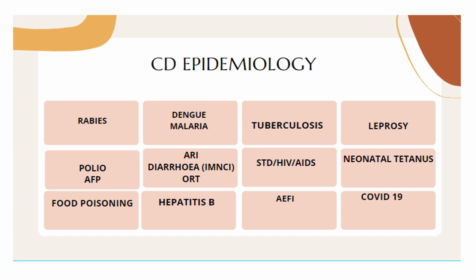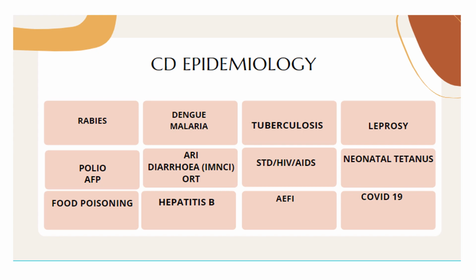Coming to ARI and diarrhea, this also may be given in the form of a case presentation that such and such baby is brought to you with this number of stool passages or so many cough or cold with no fever or different pictures, and manage according to IMNCI. So this is one thing which you should look into very well.